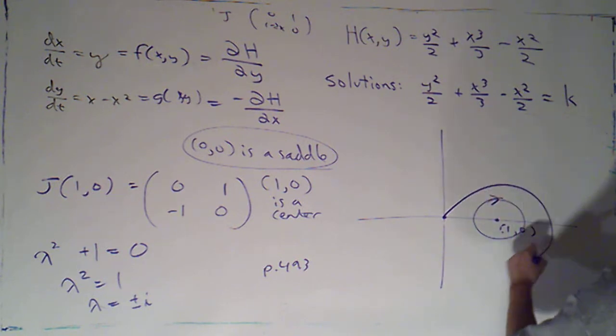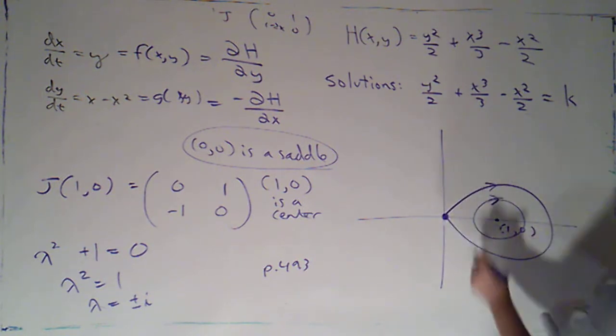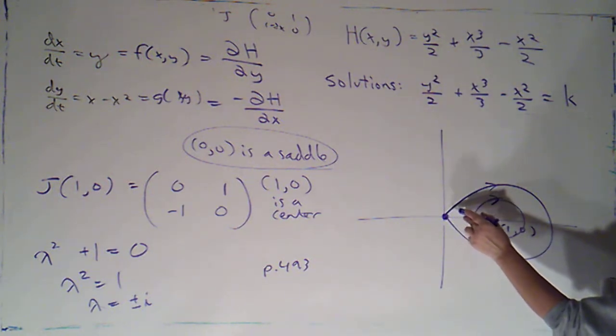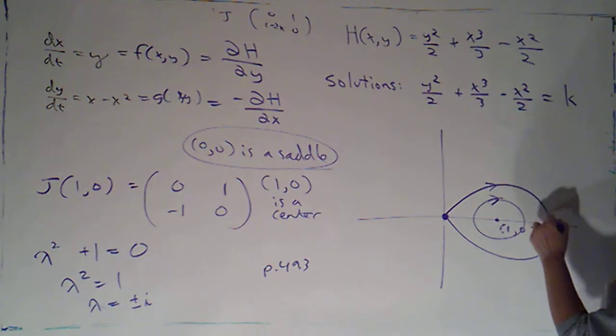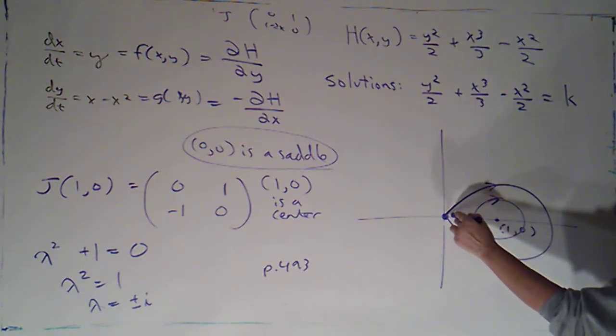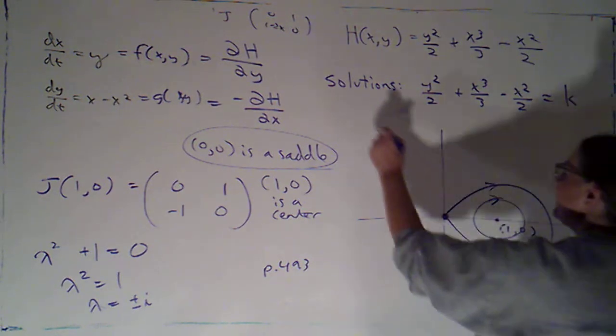We see something very interesting here. This is an equilibrium solution, remember. So we see a solution curve that leaves that equilibrium solution, loops around the other one, and comes back to that equilibrium solution. That's got a name. We'll take a look at that in a moment.